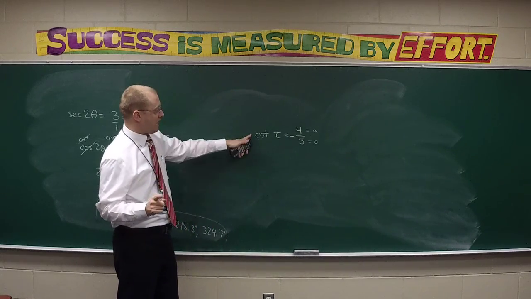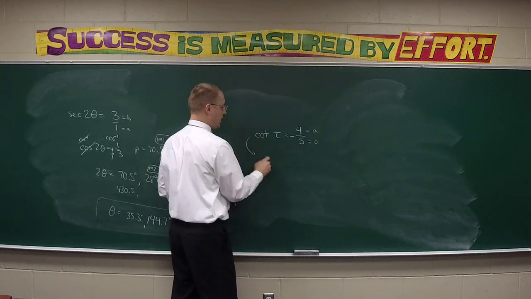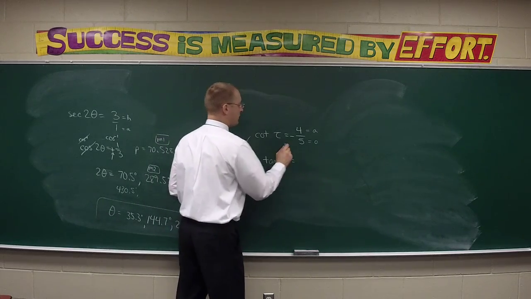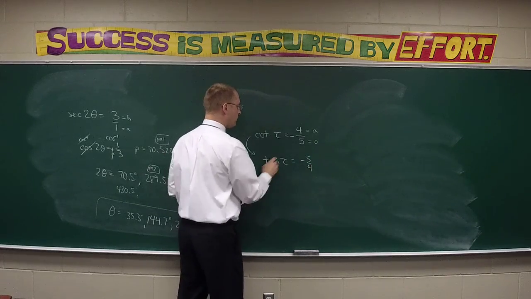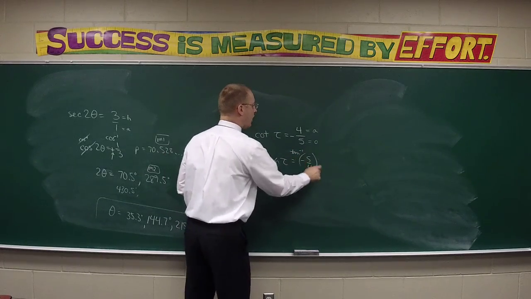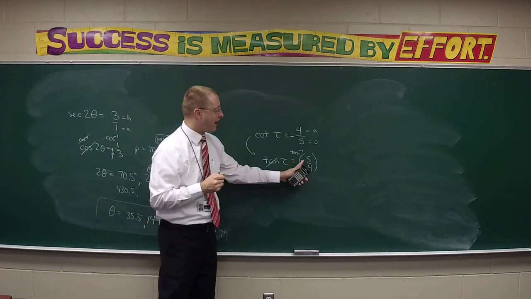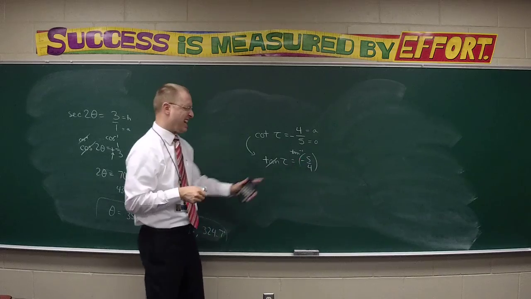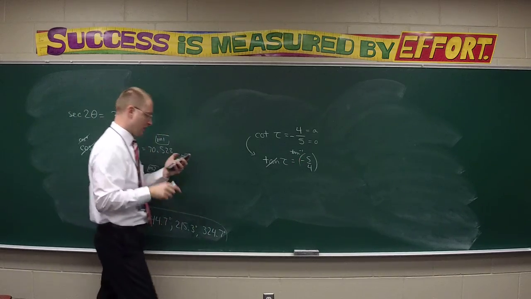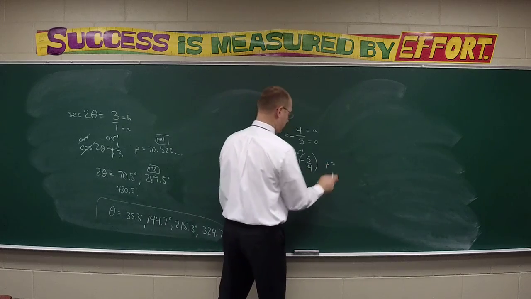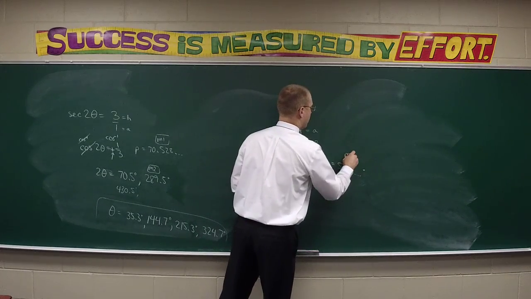The problem is you can't take arc cotangent. So we have to turn this around and say the tangent of tau is -5/4. Then we'll take the arc tangent of 5/4, since negatives make things messy. What is our reference angle? 51.34. We're going to put that in memory 1.